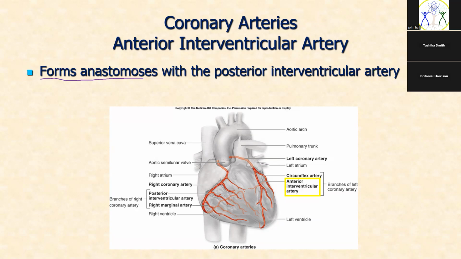Okay? So it mentions here that you have an anterior interventricular artery that forms an anastomosis with the posterior interventricular artery. All that means is that these two arteries merge together. Okay? So anastomosis, when you see the word, arteries, two or more, merging together. That's all it is. So don't panic when you see the word. Just combining arteries. That's all it is, right?